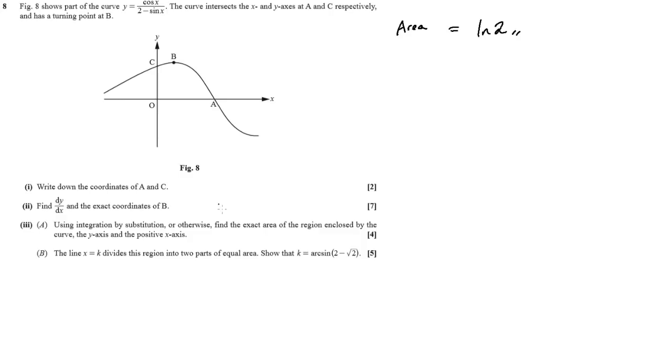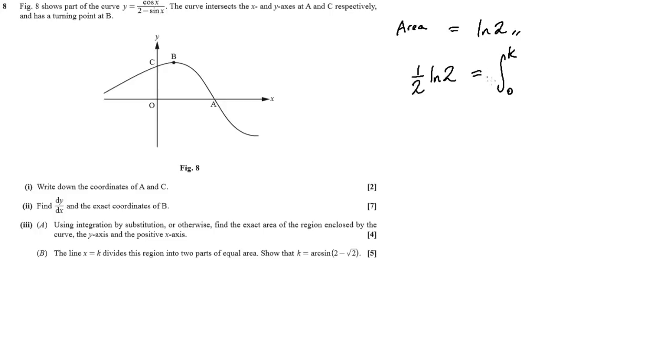So in order to get half the area, we need to state that the area after integration will be half ln 2, because the total area is natural log of 2, equal to the integral from k to pi on 2.